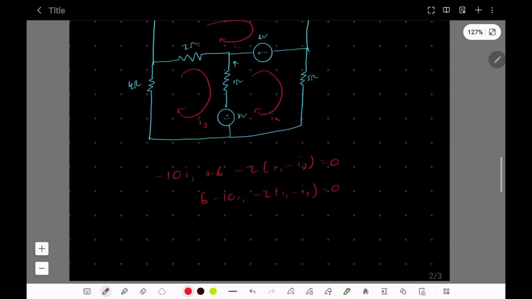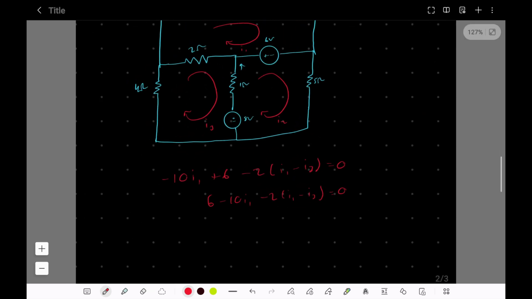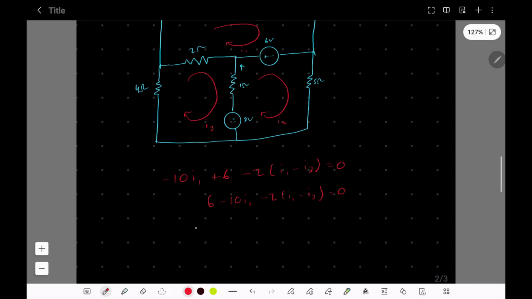Now let's solve for I2 first. So this is going to be minus 6 volt drop minus 5 I2, and then there's going to be an 8 volt gain, and then minus 1 ohm times (I2 minus I3) is equal to 0. That's the KVL for the second one.